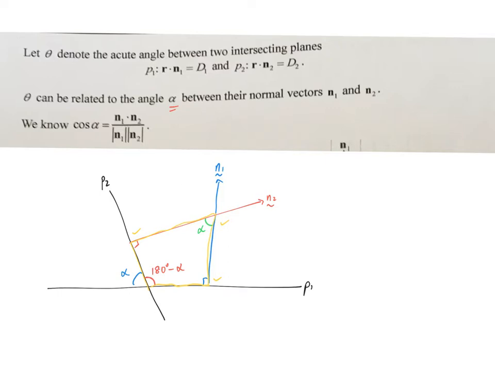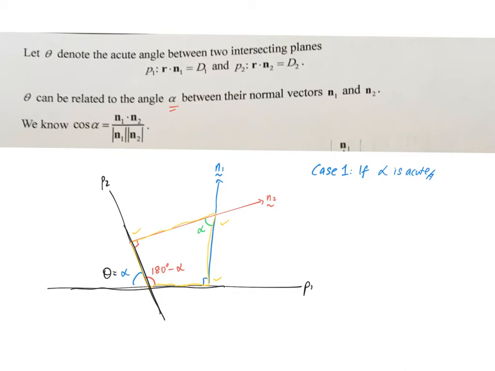Here I'm assuming the first case, where alpha is acute, like in this case. You can see that in order to find the angle between the two planes, which is over here between plane 1 and plane 2, this alpha equals my theta.